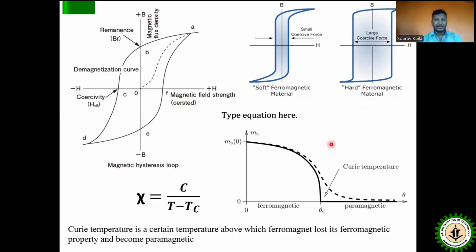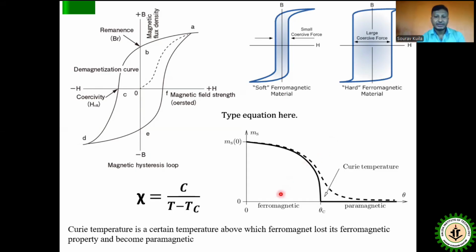Ferromagnetic materials are the materials which have permanent magnetization without application of an external magnetic field. This permanent magnetization can be destroyed upon increasing the temperature.